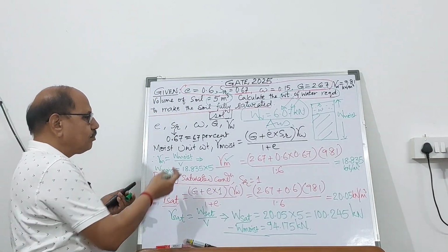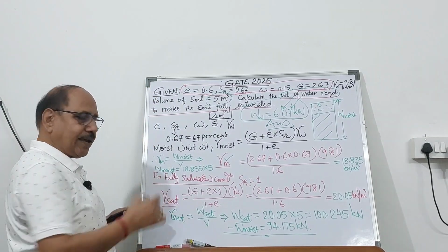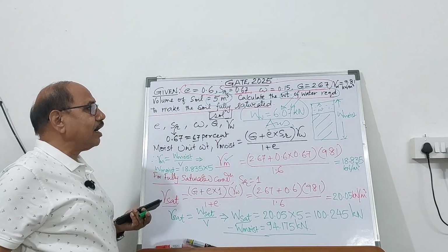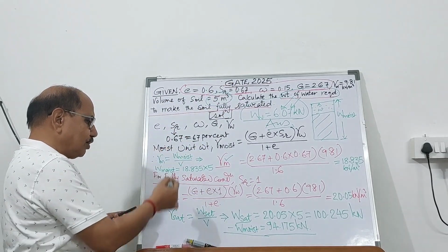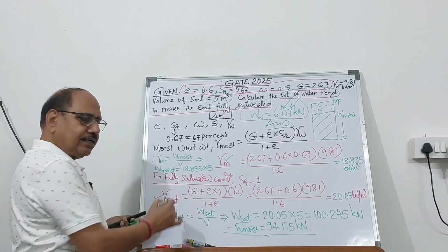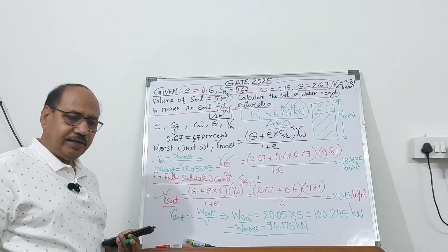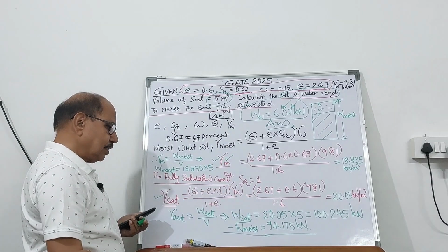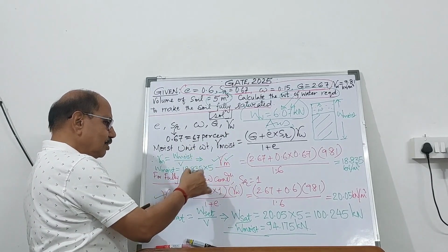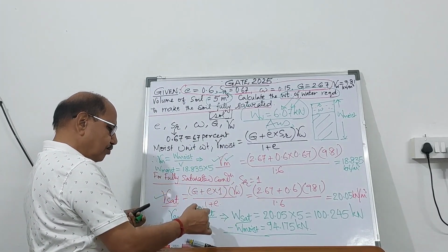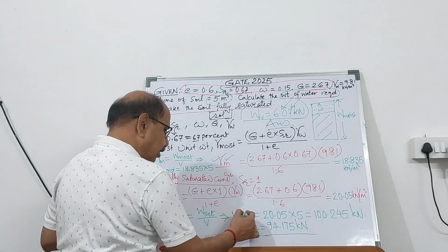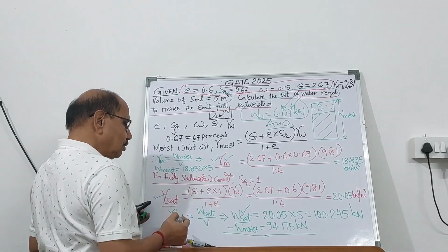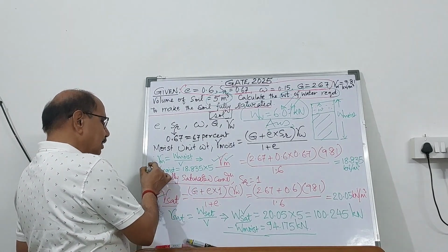It's quite a simple problem. You can see, in two steps, from all the given data which you have at your hand: calculate the saturated unit weight, calculate the moist unit weight, and from the saturated unit weight find the saturated weight of the soil mass for the given volume of 5 cubic meter.